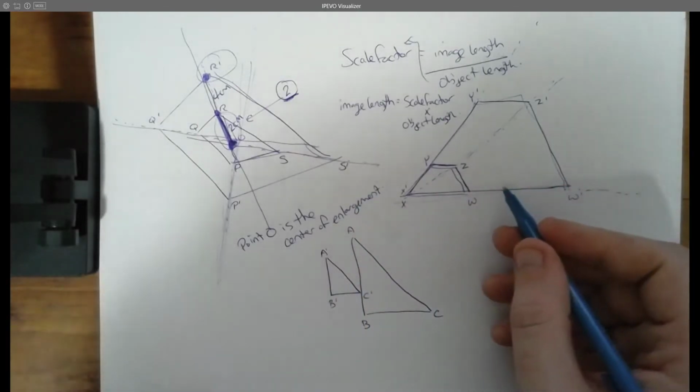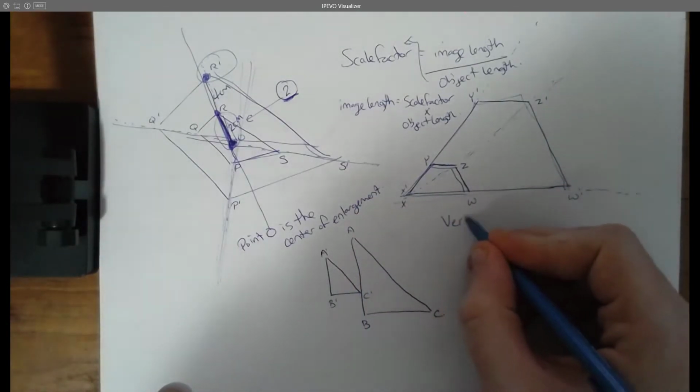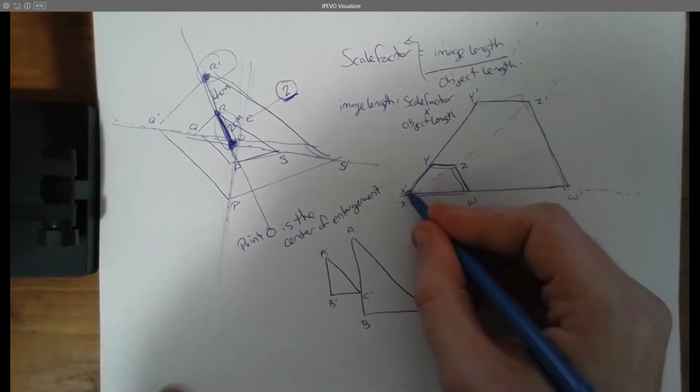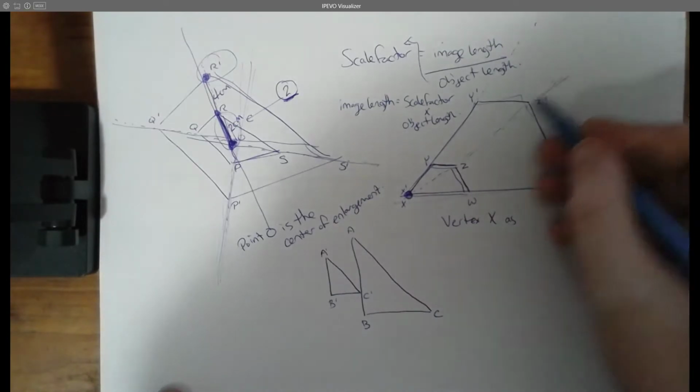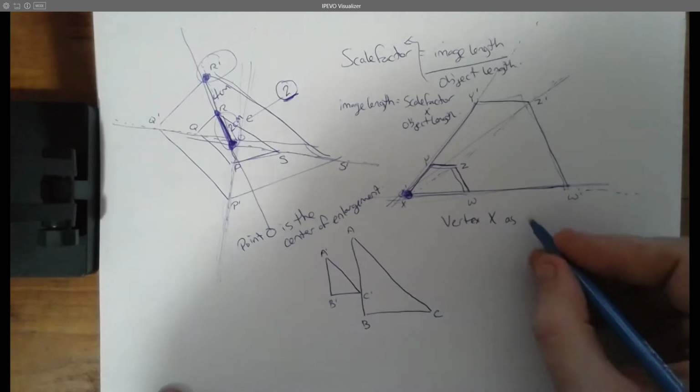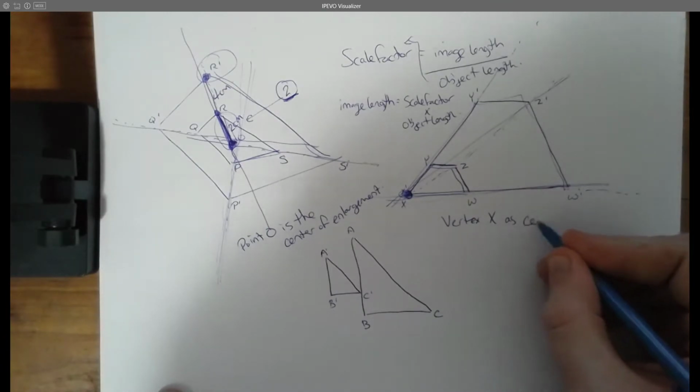In this example here, we have vertex X right here. This is the center. If I were to draw a line in all these different lines here, that's where they cross as the center of enlargement.